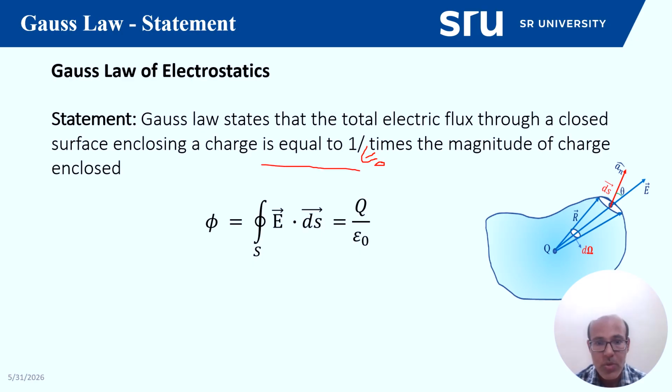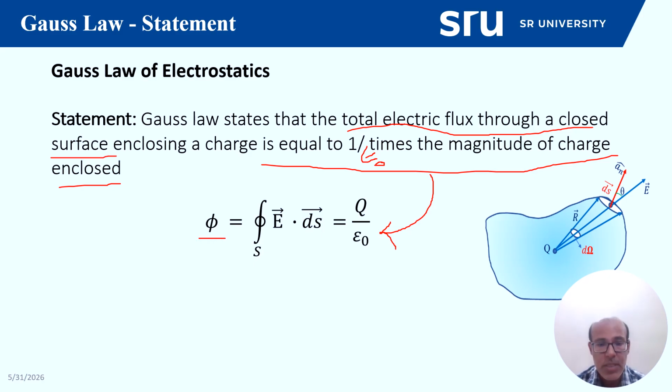Charge enclosed is Q, so 1 by epsilon naught times the charge means Q by epsilon naught. And what is that equal to? The flux through a closed surface. So this phi is equal to Q by epsilon naught.